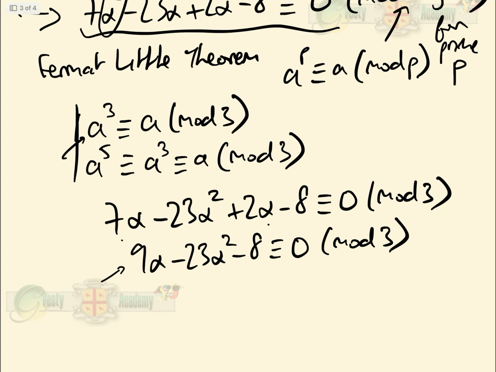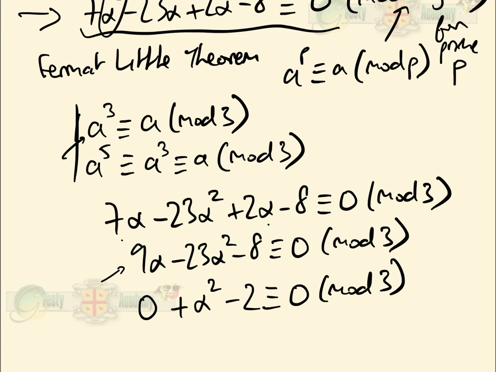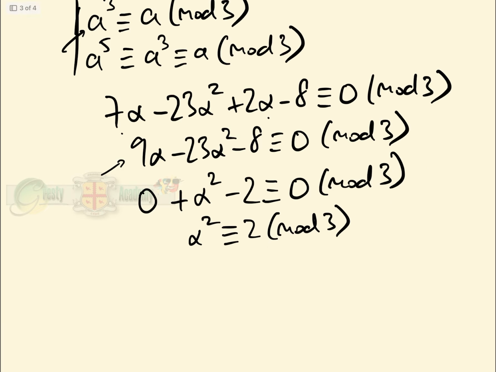Now let's have a look at the numbers. Obviously 9 mod 3 is 0, so that disappears. Minus 23 mod 3 is plus 1, so that becomes plus alpha squared. And minus 8 is the same as minus 2 mod 3, so that equals 0 mod 3. And so therefore we have that alpha squared is equal to 2 mod 3.